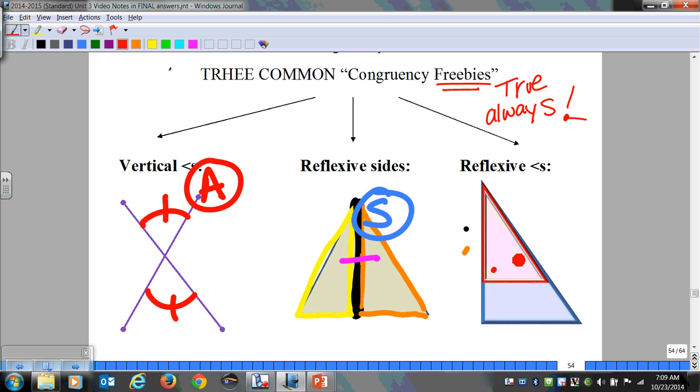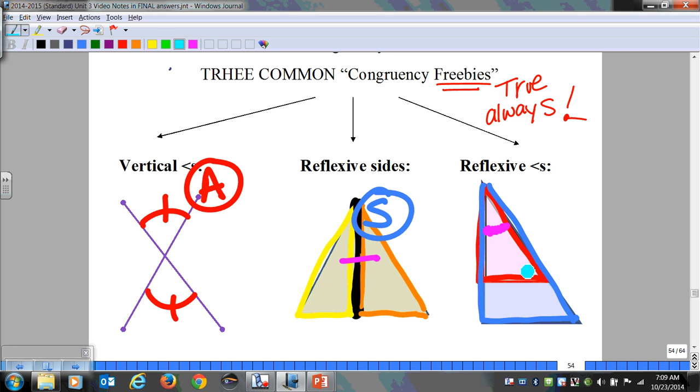A third freebie is something called reflexive angles. If I have two triangles, see this red triangle and this blue triangle, do you see how these triangles overlap? They exactly share this angle here, the pink one.